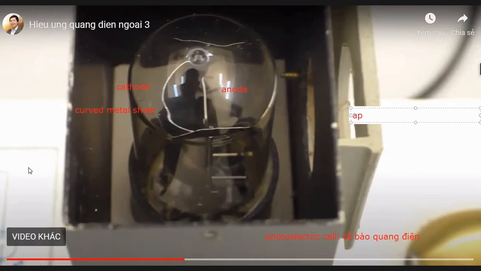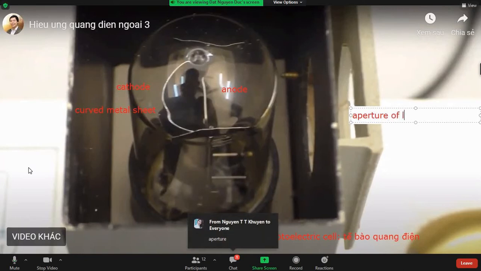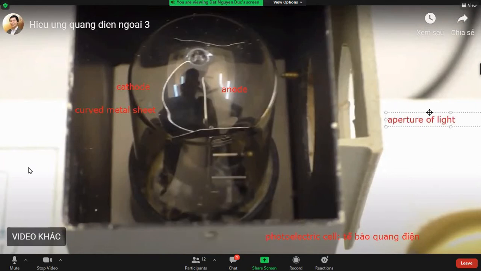Đây là cái gọi là cái cửa ngõ để ánh sáng nó đi vào ấy, thì người ta sẽ nói là aperture of light. Được chưa nhỉ? But if you do not know the word, then you can call it a circle or round hole. It's okay. But as I said, if you can call it with a science term, then it would be better.